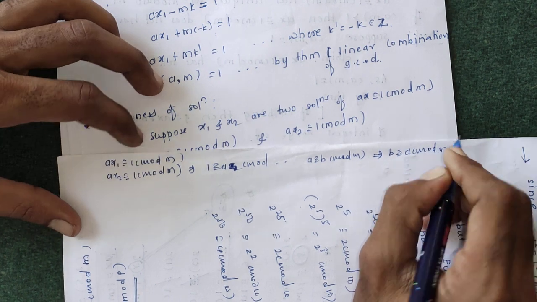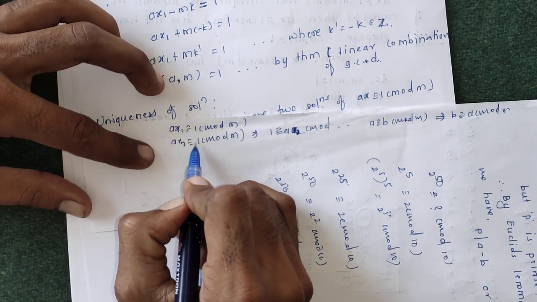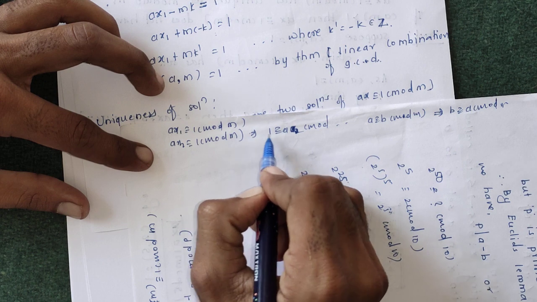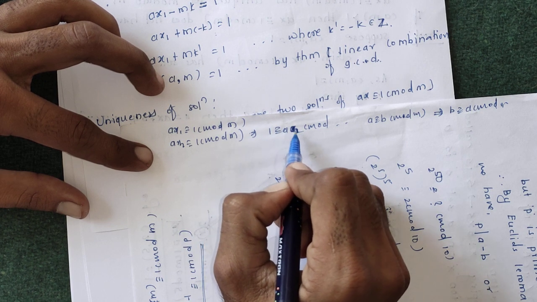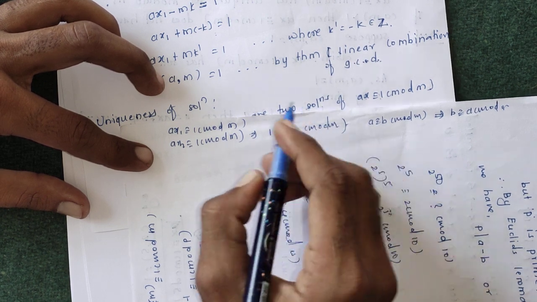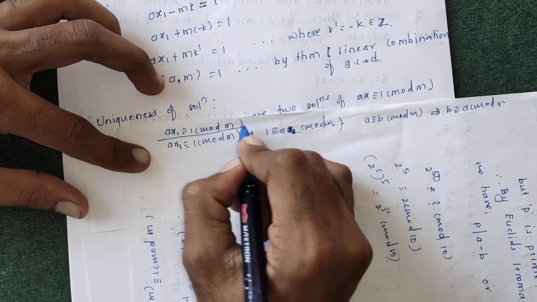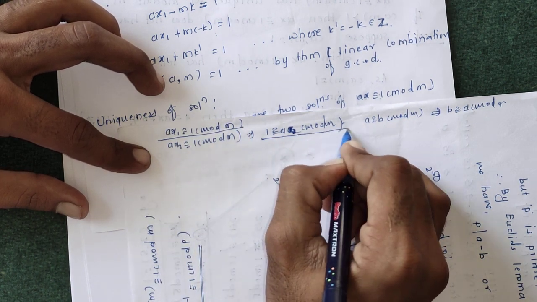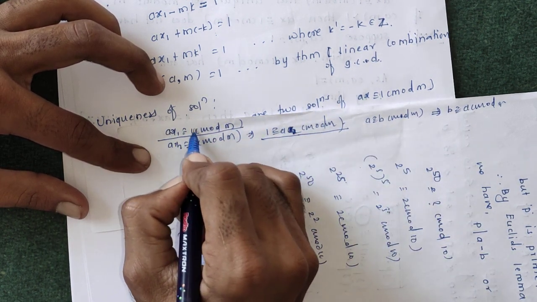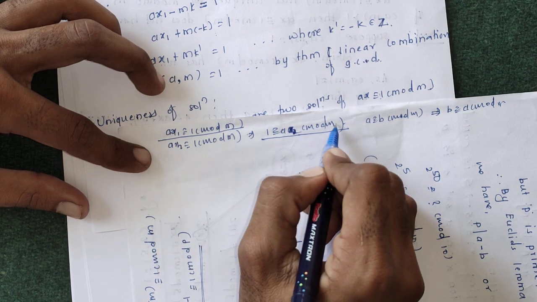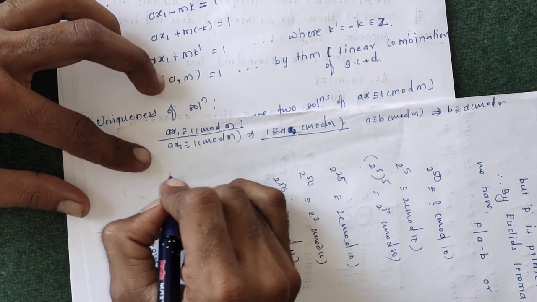Using this result, I can write ax2 is congruent to 1 modulo m as 1 is congruent to ax2 modulo m. So here we get ax1 is congruent to 1 modulo m, and 1 is congruent to ax2 modulo m. If A is congruent to B mod m, and B is congruent to C mod m, then A is congruent to C mod m.